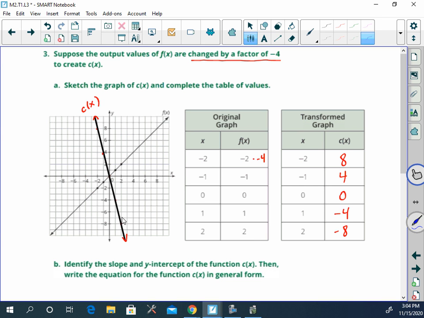So our slope now, we're still going up 4/1 like we did in that previous problem, but we're going up and to the left, so it's a negative slope. So our slope is -4, just like that factor up here. And then our y-intercept still hits here at 0.